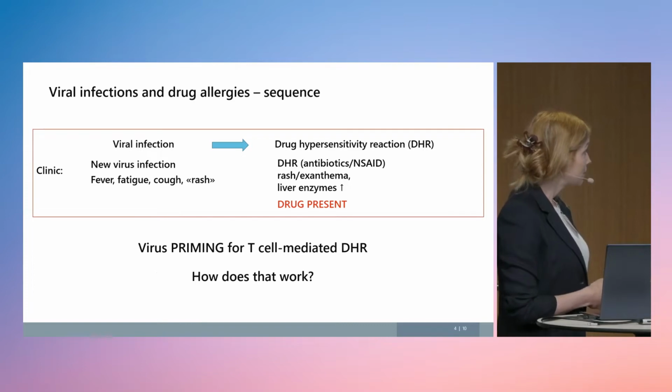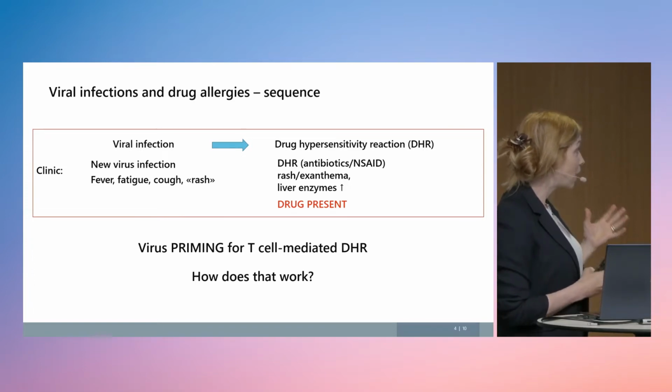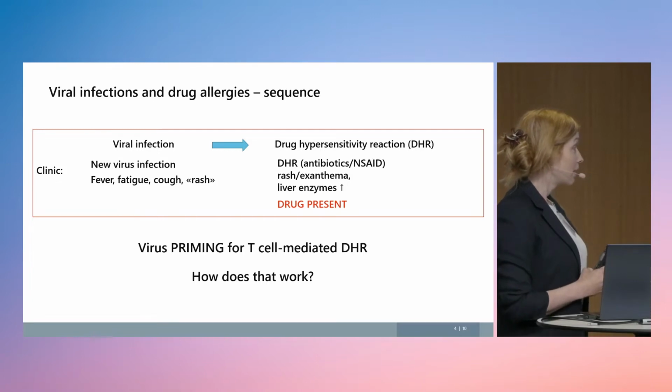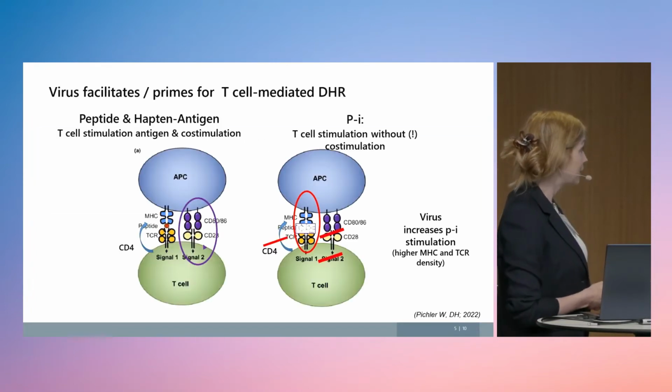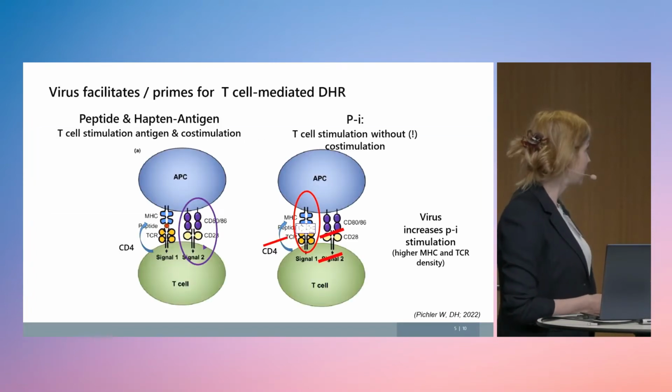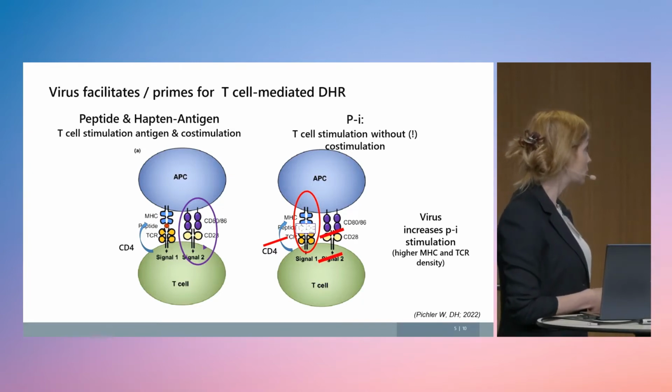Now, of course, when thinking of this situation, the question arises, how can a virus prime for T-cell mediated drug hypersensitivity reactions? How could this actually work? And here I refer to this PI concept from Werner Pichler. So you know that usually we need the two signals, co-stimulation and MHC TCR binding with the antigen.